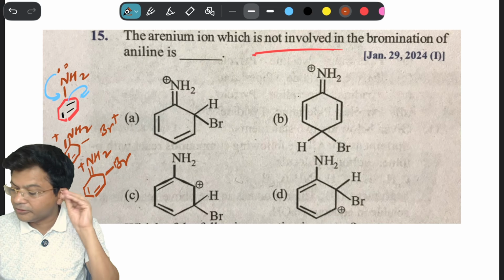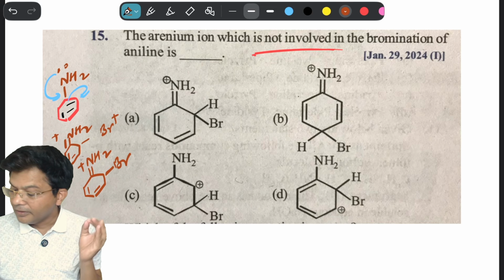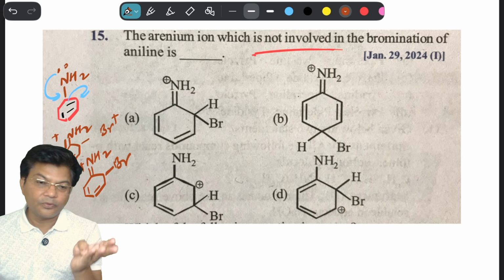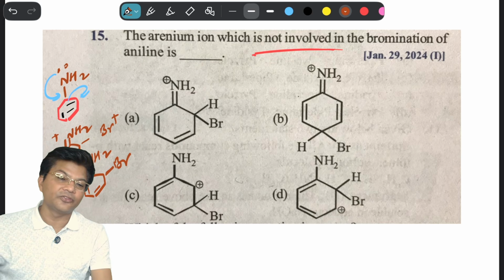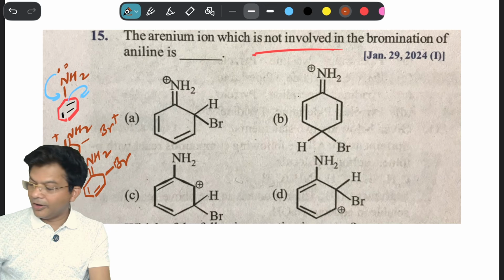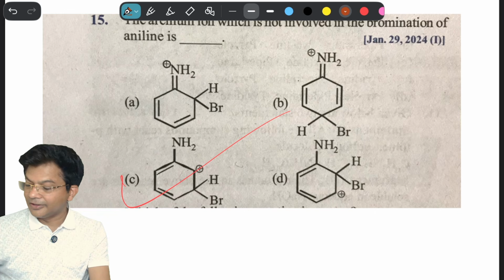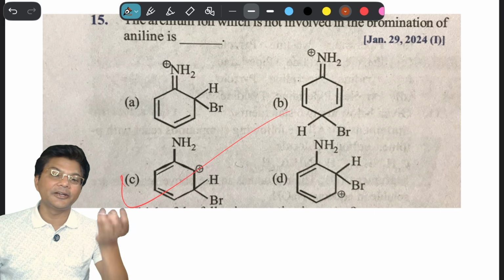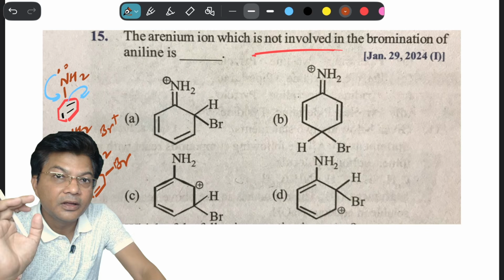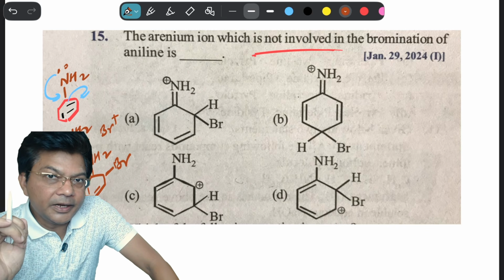Now the question's answer will be definitely either C or D. Bromine cannot attack at meta. Very clearly, why write down the structures? Bromine can attack only at ortho and para. So this is the answer. It is ortho-para directing. No need to write down the mechanism.